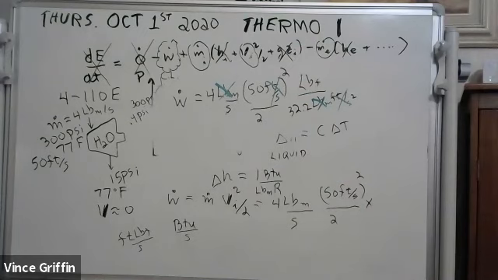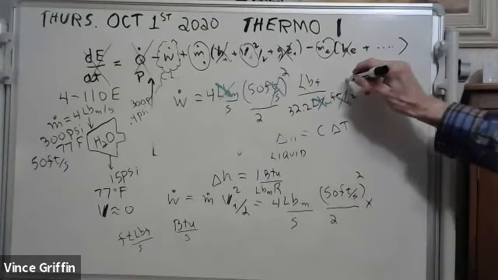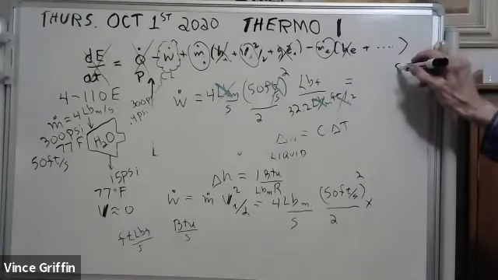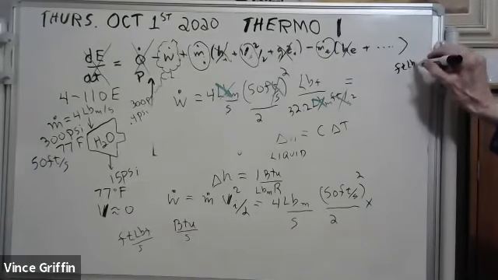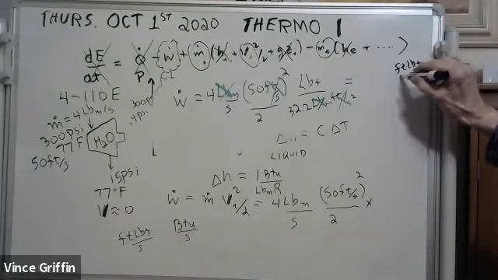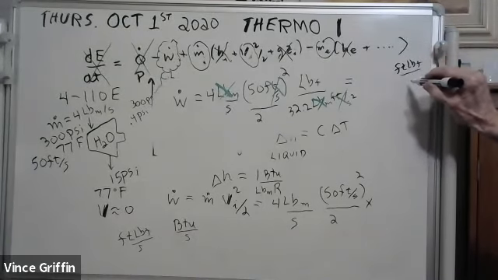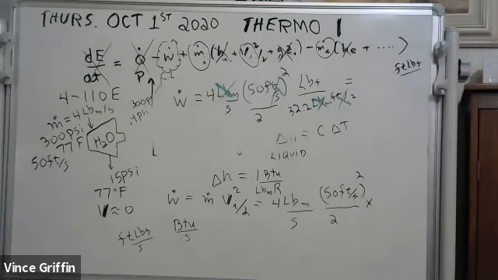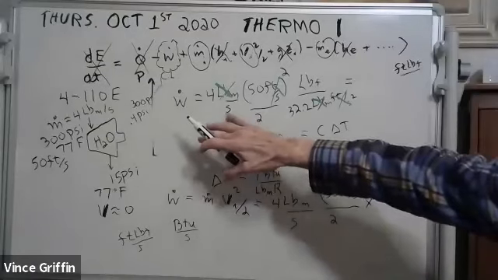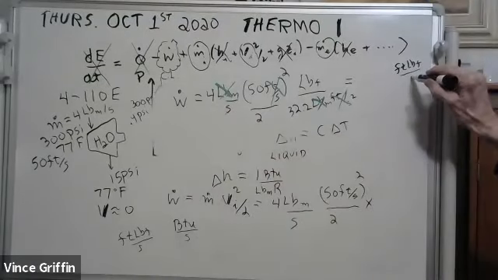And so what we have right now is a foot-pound force, and you could give the answer like that. That'd be okay. Foot-pound force. We want it per second. See that second right there?